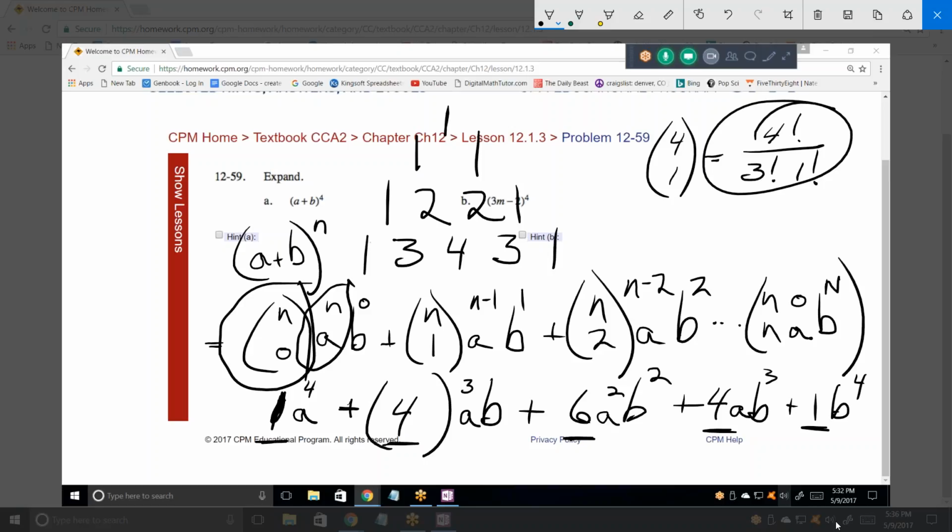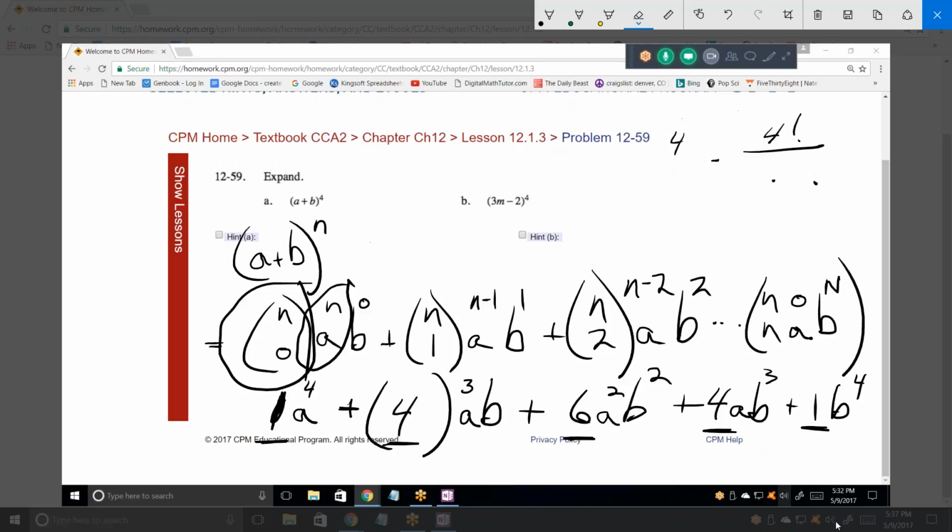I went wrong somewhere. The coefficients of Pascal's triangle agree with these n factorials, these chooses, these combinations. I'm not going to try to find where my mistake is, but trust me, they do.